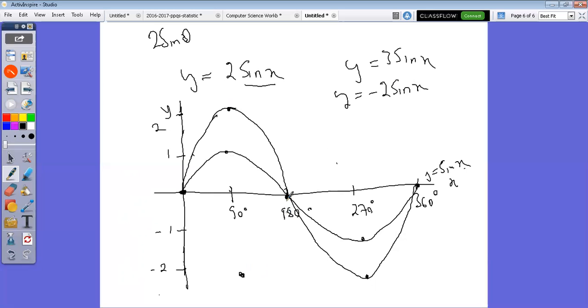Then sine 270 is minus 1. Minus 1 times minus 2 is positive 2. Can you see what has happened? This graph is a reflection along the x-axis. Makes sense now?